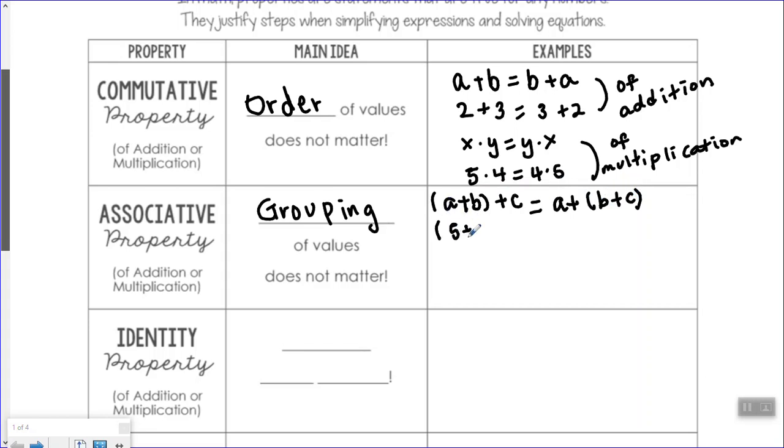So 5 plus 1 grouped plus 3 is equal to 5 plus 1 plus 3 grouped together.